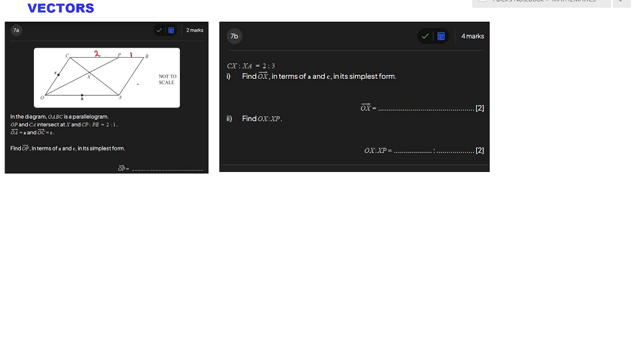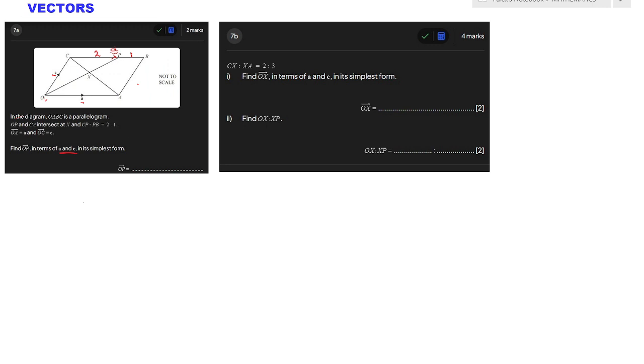And furthermore, we are also told that OA is vector A, and OC is vector C. So we are supposed to find OP, from O to P, in terms of A and C. So basically, for us to go to P using A and C, one of the ways is to know that OA is parallel to CB and therefore vector CB is also A in that direction.